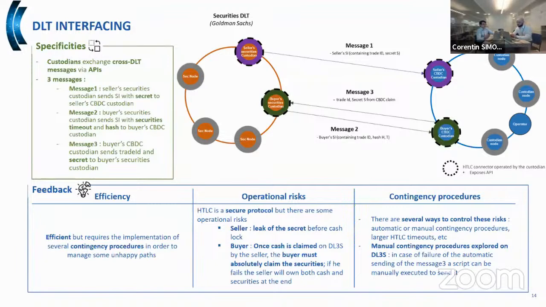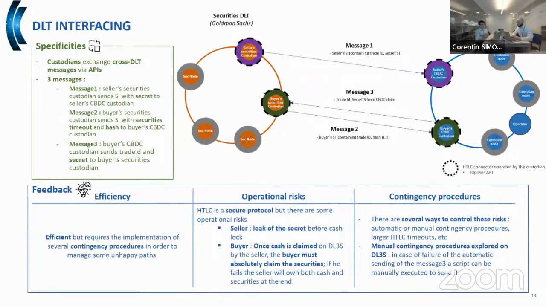The risk for the seller is a leak of the secret after securities have been locked and before cash has been locked. In that case, the buyer will be able to claim the securities without having to lock the CBDC. The risk is different for the buyer.